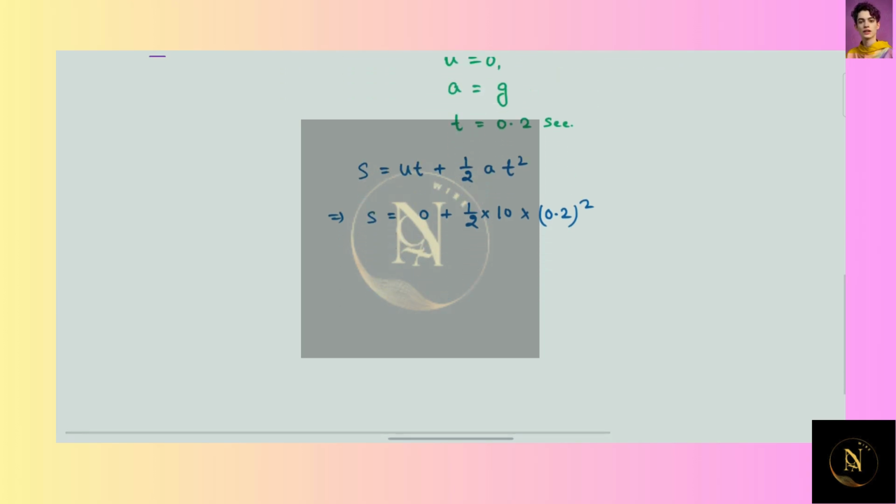On simplifying this, we will get s equal to 0.2 meter. In centimeter this will be 20 centimeter. So this is the answer for the question. After a time of 0.2 second, the block will move a distance of 20 centimeter.